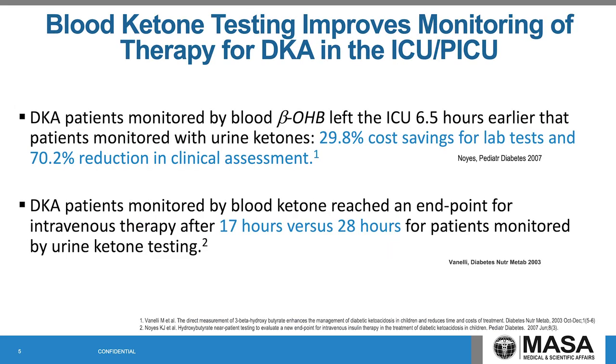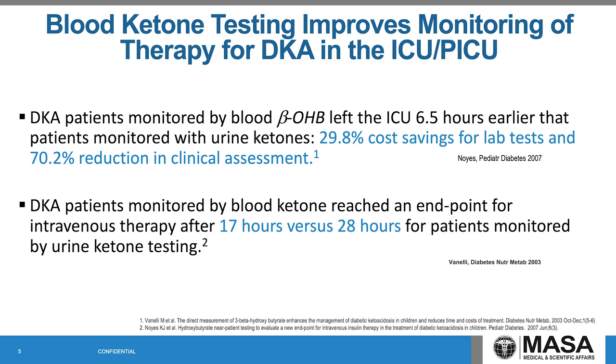Now, from another group of authors, if we focus on the ICU and pediatric ICU, DKA patients monitored by blood beta-hydroxybutyrate left the ICU 6.5 hours earlier than patients monitored with urine ketones. That accounts for almost 30% cost saving for lab tests and a 70% reduction in clinical assessment.